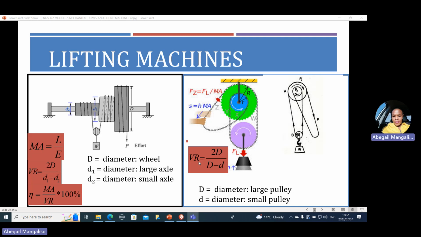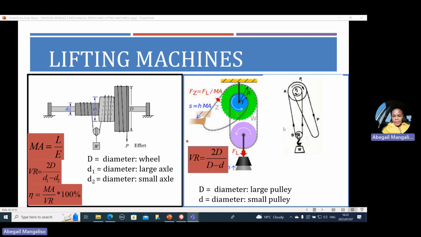So this is the formula to calculate the velocity ratio of a pulley system. D is the diameter of the larger pulley, so we only focus on the upper block, and the small d is the diameter of the small pulley.